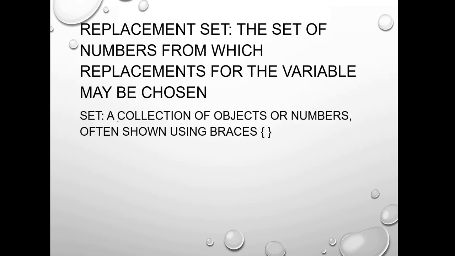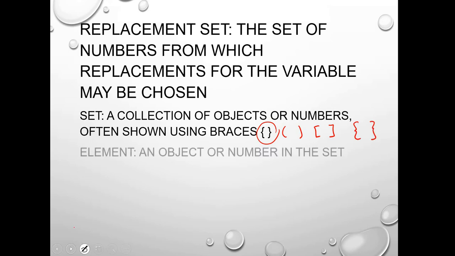A set is a collection of objects or numbers often shown using braces. So rather than parentheses or brackets, these are called braces. And you do want to be able to write braces. An element is any object or number in the set.